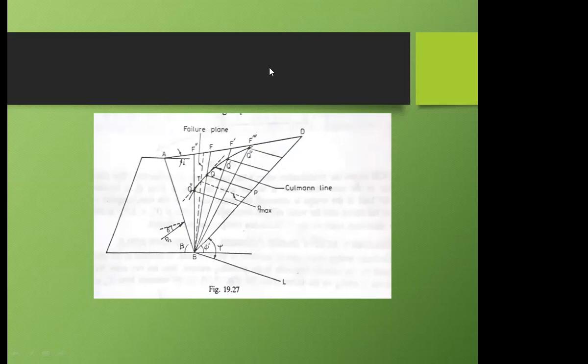Let me highlight this. Assume a failure surface like this.